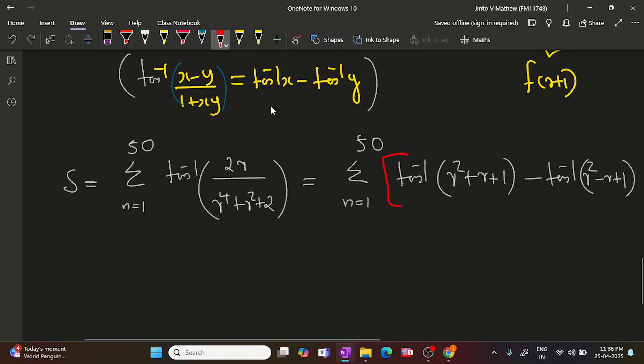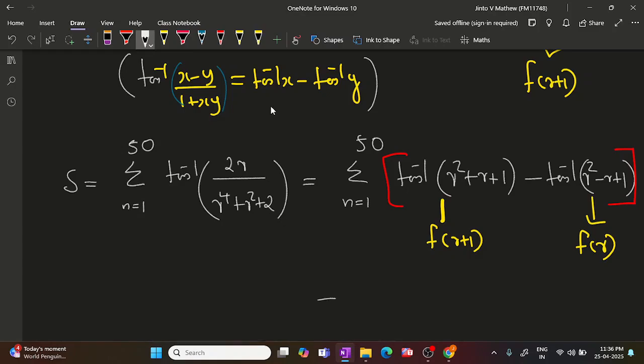Here this is f of r plus 1 and this is f of r. According to the telescopic series, this is going to be f of 50 plus 1 minus f of 1.